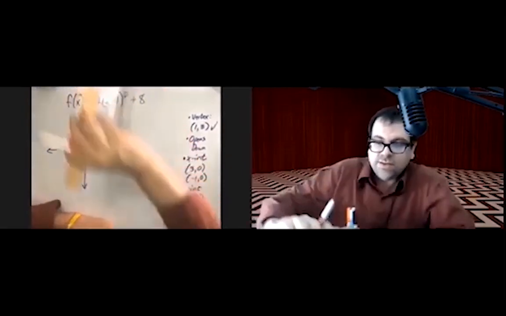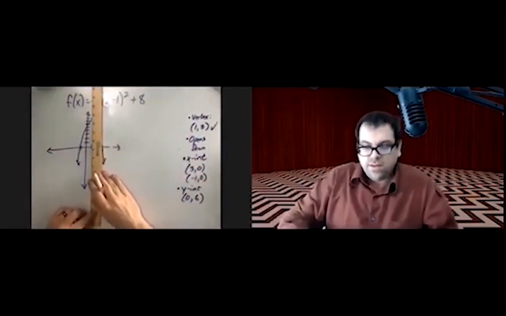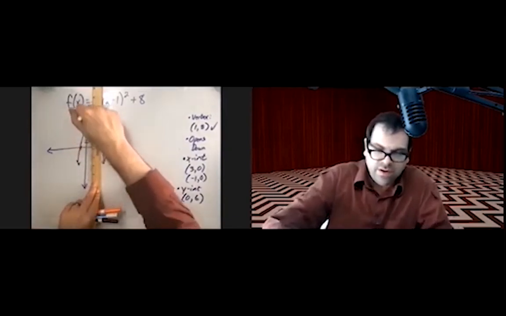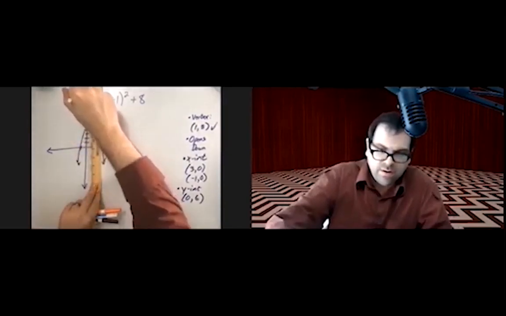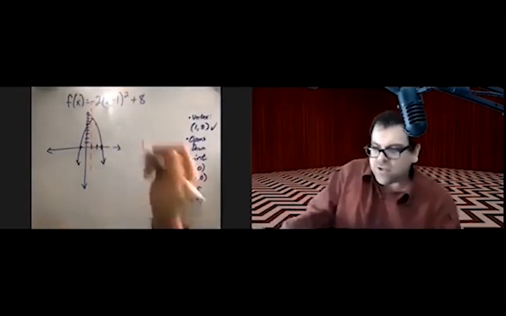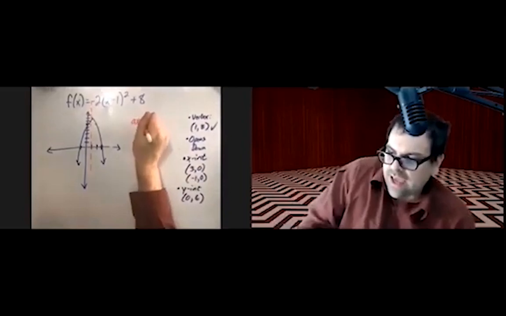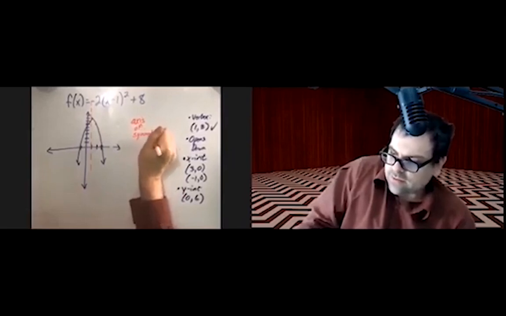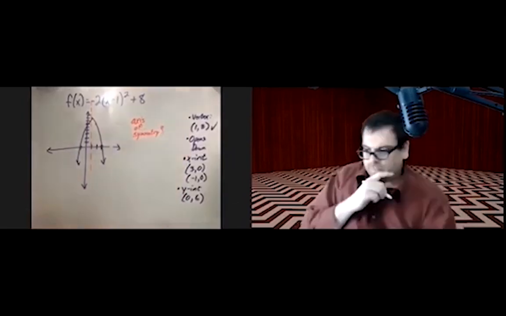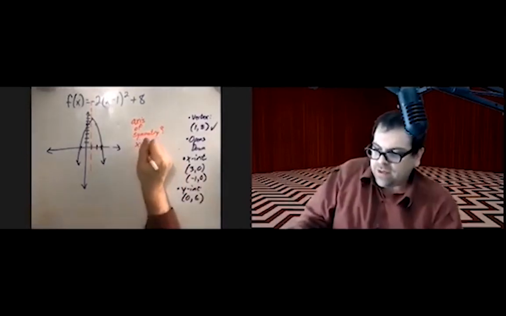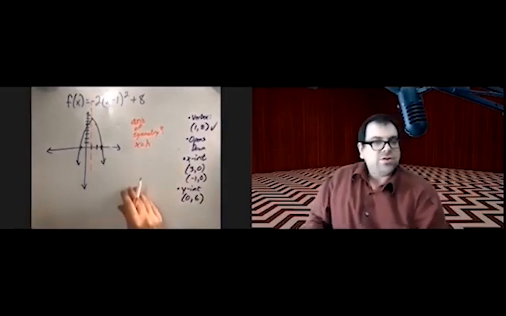What feature of the parabola allows us to take advantage of symmetry? Why, the axis of symmetry. And that'll be our next question. The axis of symmetry, where is it? Well, the axis of symmetry is x equals our h.